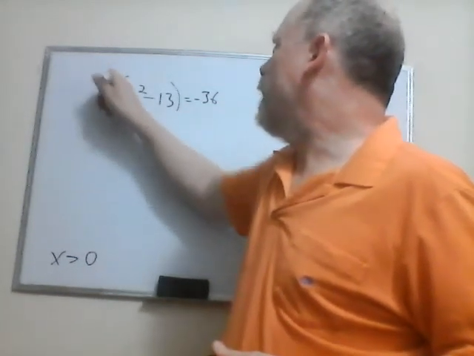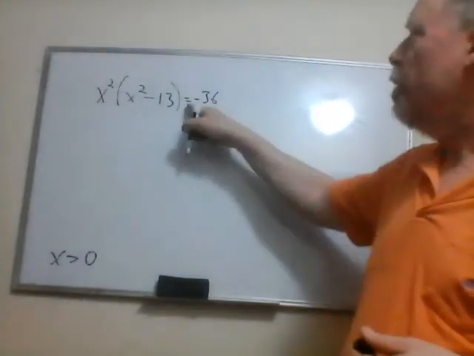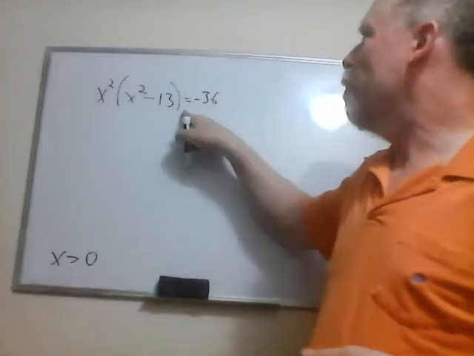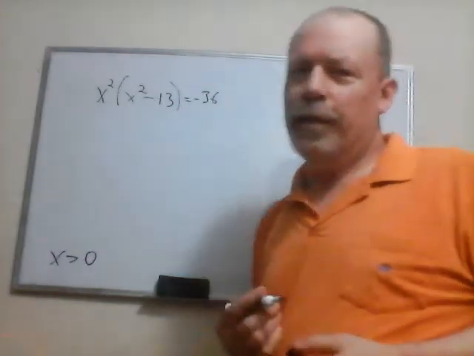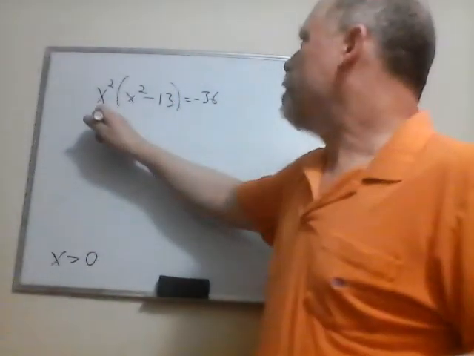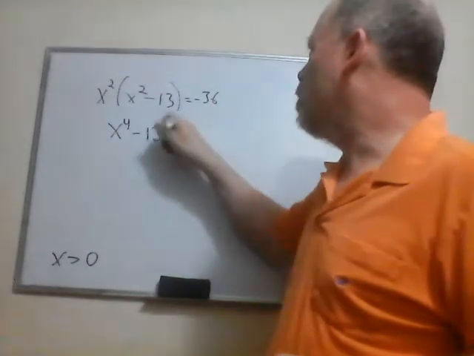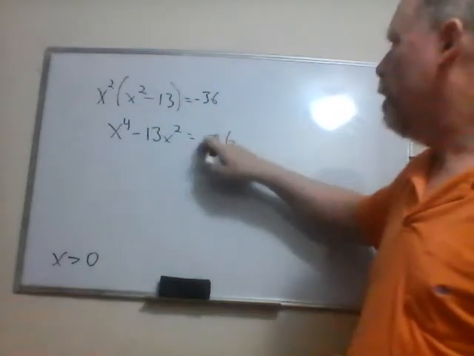That takes us down to x squared, and then there's that. Before you move this to the other side, I'm going to suggest that you simplify this by multiplying it. Multiplying doesn't simplify? Yeah, it does, often. Let's try this. It becomes x to the fourth minus 13x squared equals minus 36. How is that a simplification?